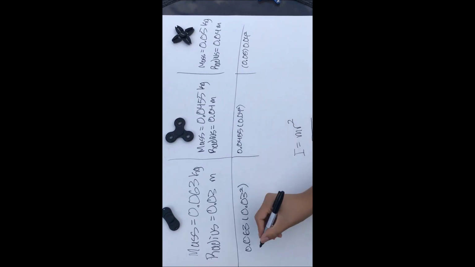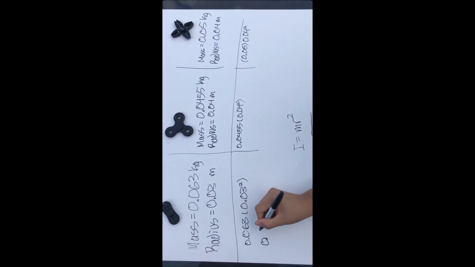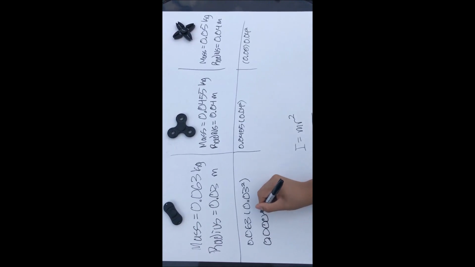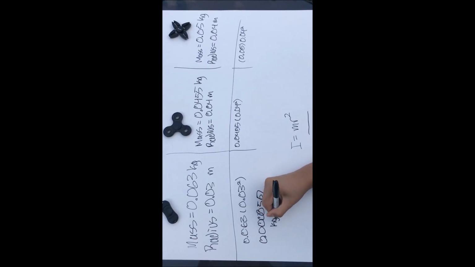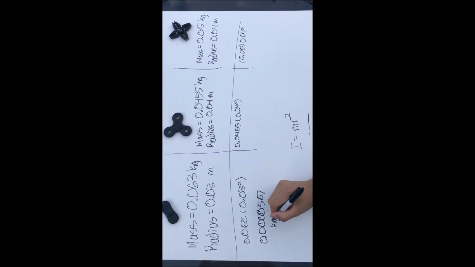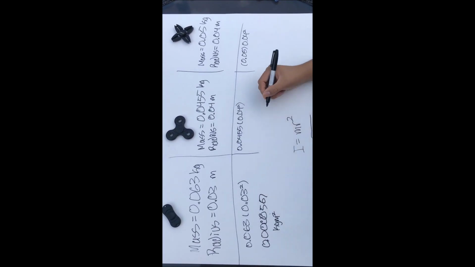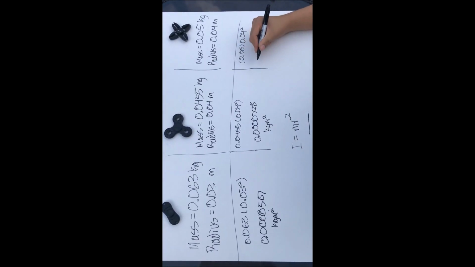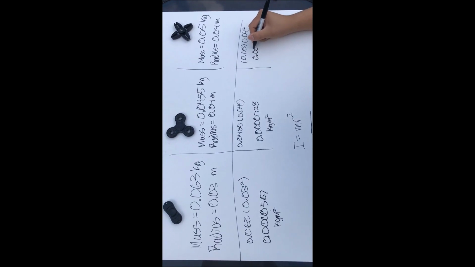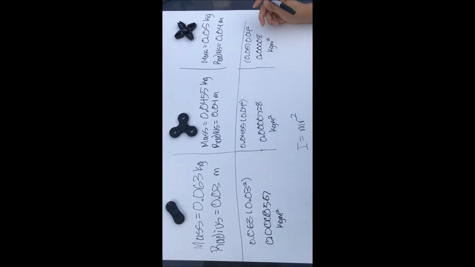This all equals up to 0.0000567 kg m squared, 0.0000728 kg m squared, and 0.00008 kg m squared.